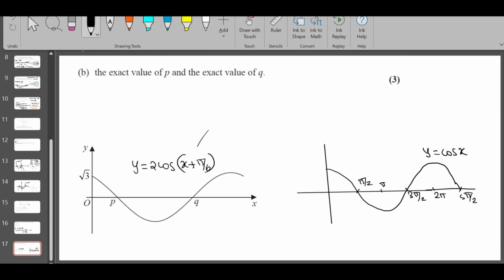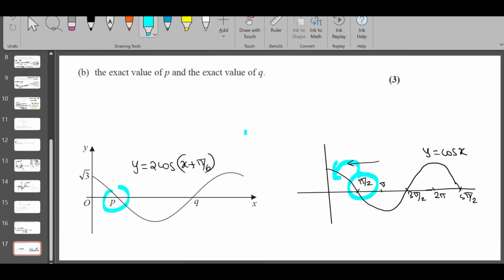When you apply this transformation, you are going to move the graph to the left side pi over 6 units, because from f of x to f of x plus a is a translation to the left side by a units, right? So when you move the graph to the left by pi over 6 units, from pi over 2 you are going to subtract pi over 6.